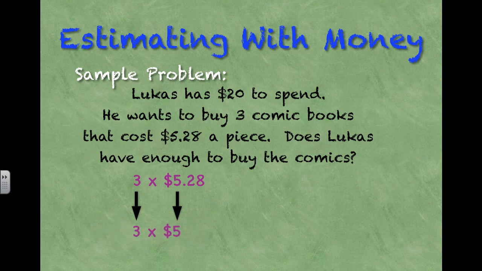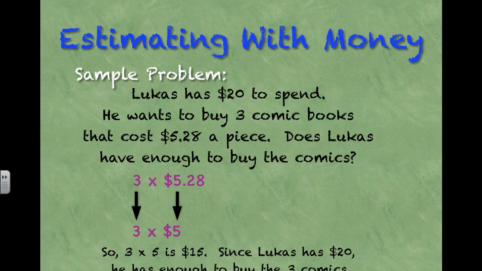So we're going to change it to 3 times 5. 3 times $5 is what your new problem would be. So 3 times 5 is 15. Since Lucas has $20, he has enough to buy the 3 comics. Do you see how we worked out the problem?